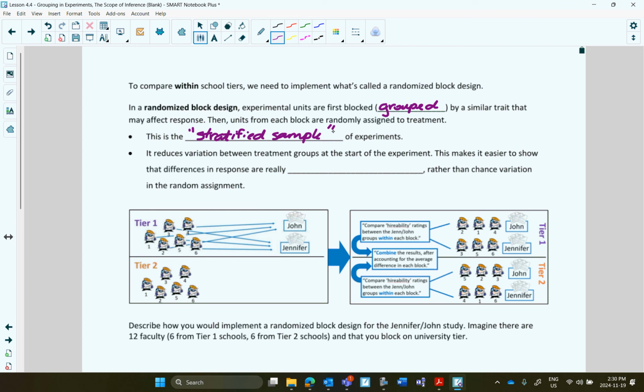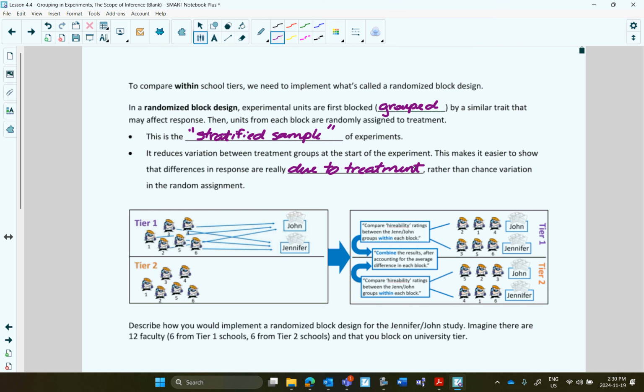What it does is it reduces variation between the treatment groups at the start of experiments and makes it easier to show that the differences in responses are really due to the treatments, rather than chance variation in randomly assigning them.